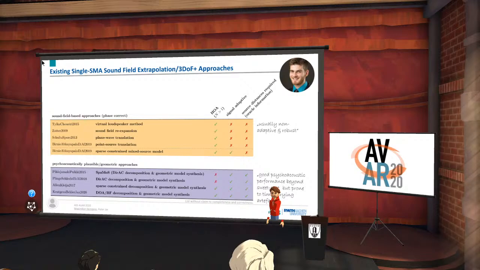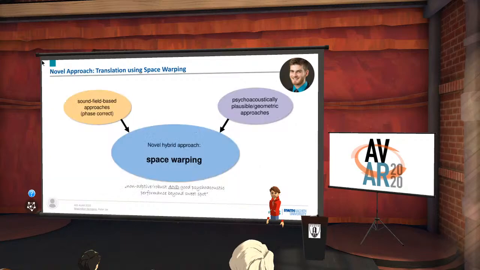Of course, such methods may be prone to time-varying artifacts. And one thing to notice is they use a geometric model, so they usually require information on the source distances. So what we are going to present is a novel approach, which is a hybrid approach. It is non-adaptive and therefore inherently robust, but it is aimed to achieve good psychoacoustic performance, even for translations beyond the sweet spot.